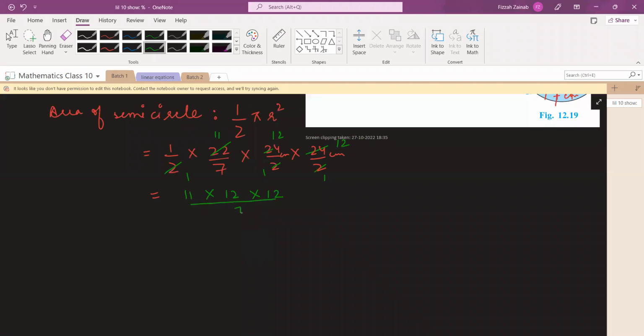Correct? And this will be now centimeter square. Now can you just multiply quickly? So this is 11 into, now 12 square is 144, you can directly write. Now please multiply 11 into 144 and tell me.